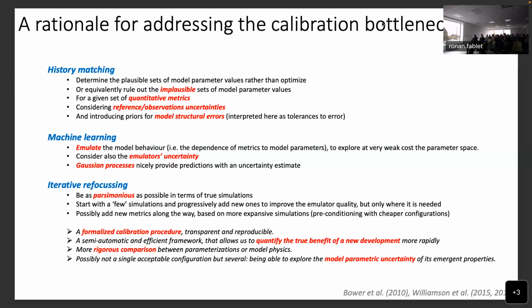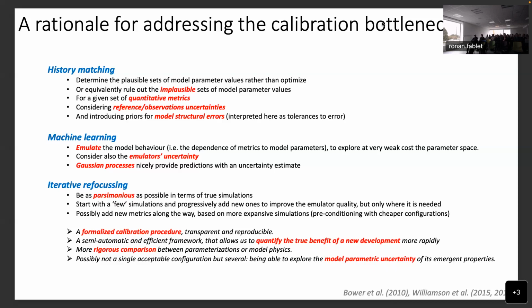The idea is that the true model simulations that we need to do to prepare a learning data set for machine learning techniques are expensive. So we want to be as parsimonious as possible in terms of true simulations that we will need to do in the end.